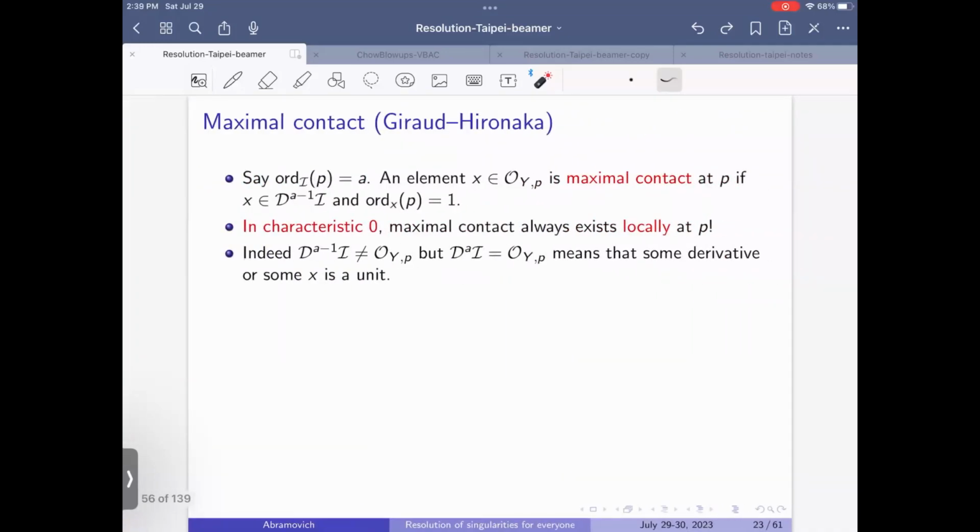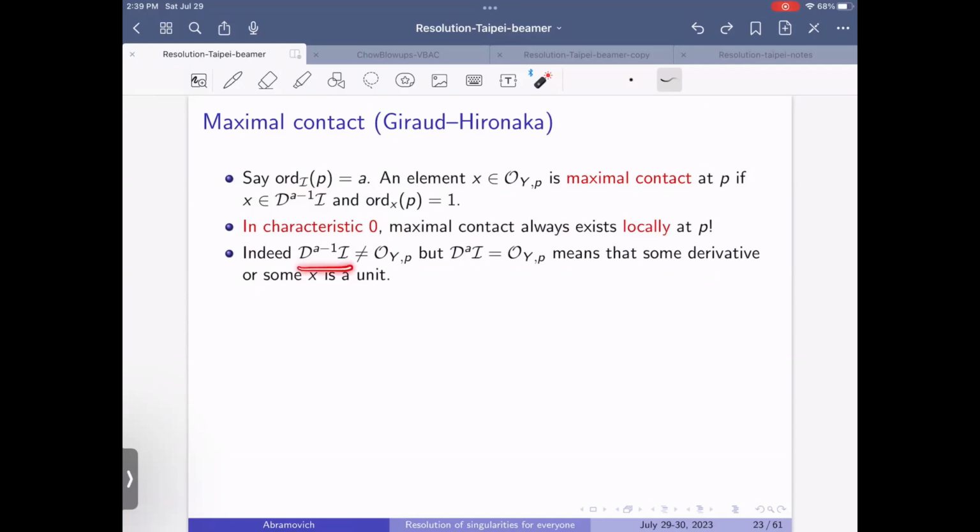Why is this important? Well, there are several reasons. In characteristic 0, maximal contact elements always exist locally at a point. Why is that? We know that the order is A, so if we take the A-th derivative, we get a unit, but if we take the A minus first derivative, we do not get a unit.